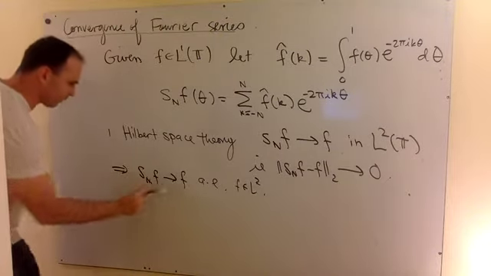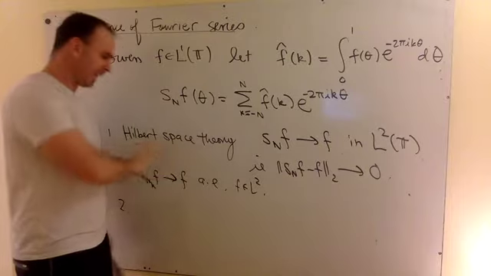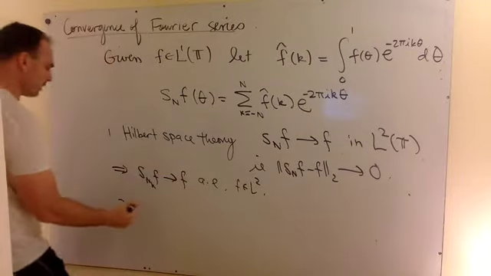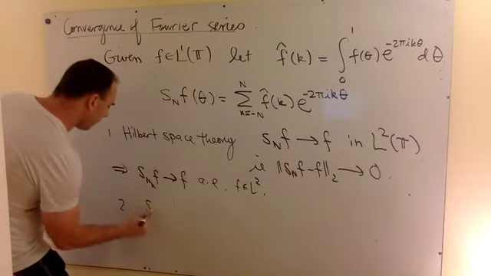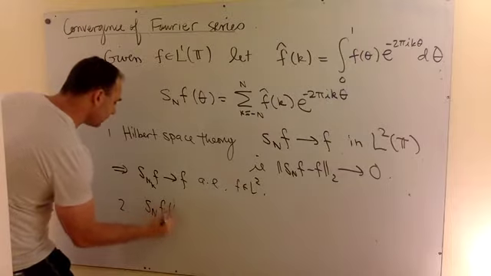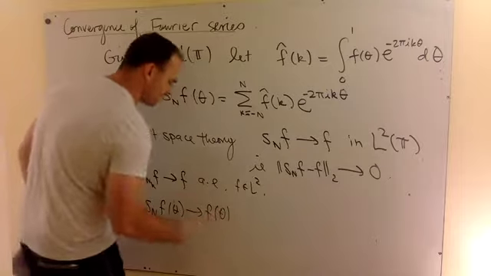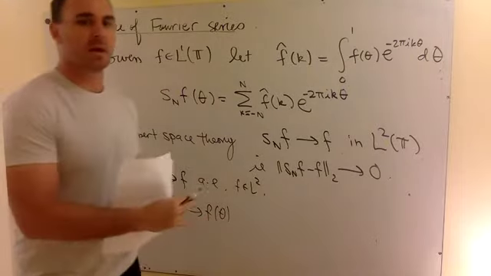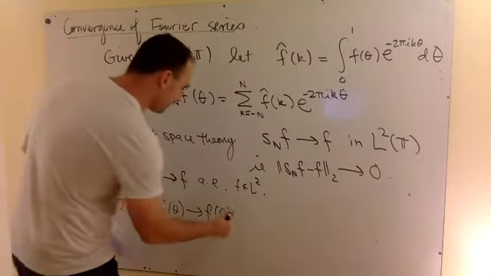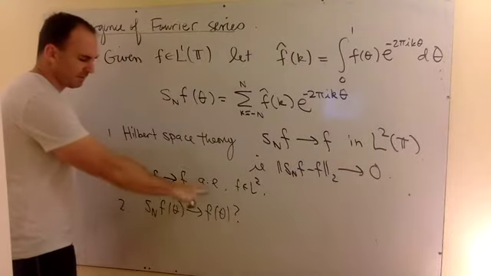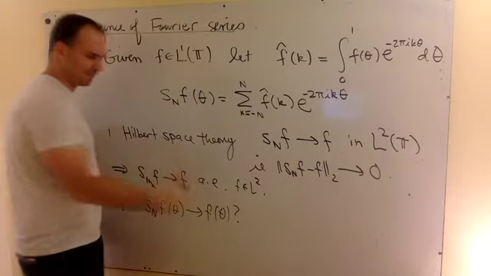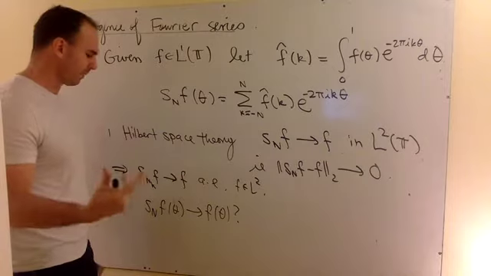forget about the almost everywhere, we can't really get a handle on which x it's converging at. What if I want to fix a theta, so this is pointwise convergence, but for a fixed theta. And I want to know, when does this happen? Because if f is in L2, you can't fix your theta, you only get almost everywhere.